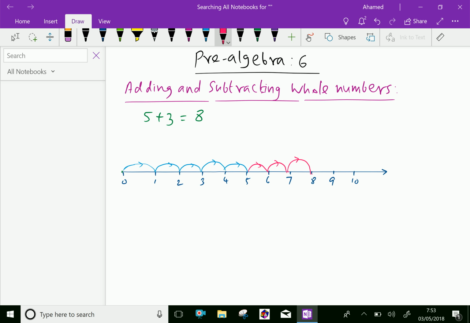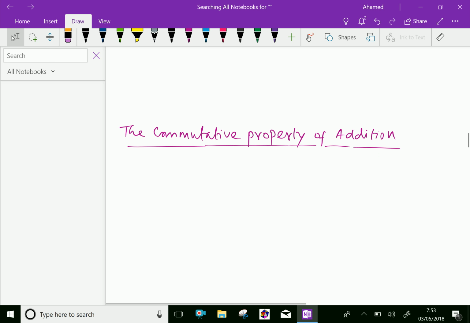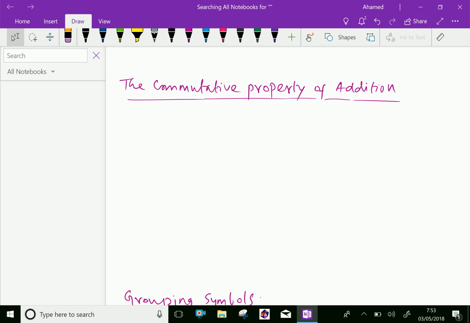Now let us discuss some properties of addition of whole numbers. First, the commutative property. Commutative property means the addition of two numbers, even in reverse order, becomes the same.